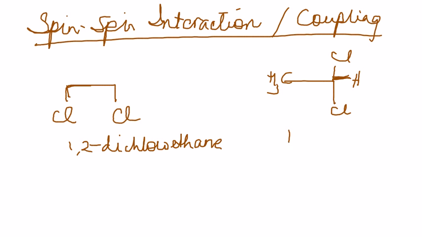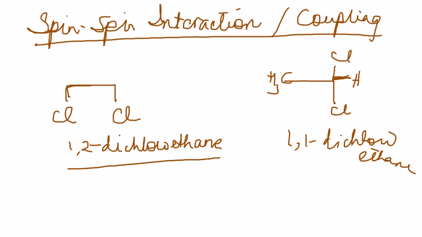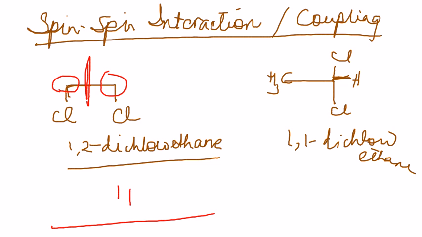Hopefully you can see that in case of 1,2-dichloroethane, there is a mirror plane which basically divides these 2 into 2 equal halves. So all you expect in this particular spectra is 1 peak. Possibly around, my guess is 3.5 delta or so, because there's chlorine close to it, so it's going to be a little bit deshielded, and you're going to end up with just 1 peak.